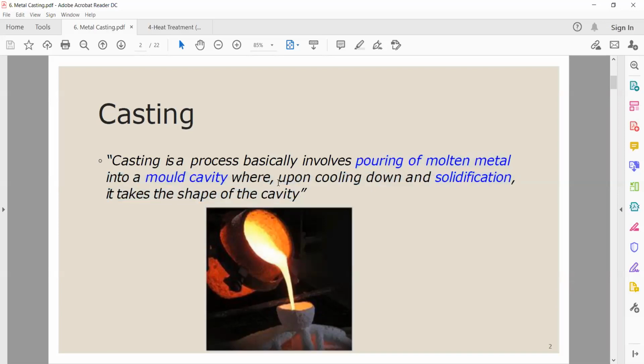That is the definition of the casting process. That's the easy way of writing the casting process. You don't need to memorize this sentence by heart. You have to remember the basic requirements of your casting process, and then write it as a manufacturing process. So it basically involves, then write the requirements, including commas, right?